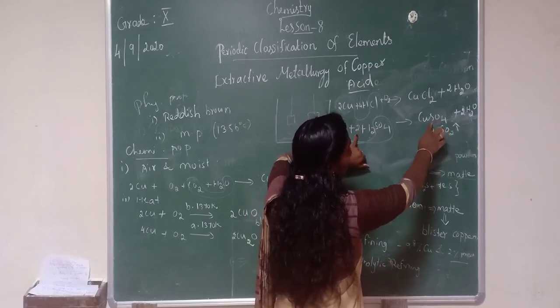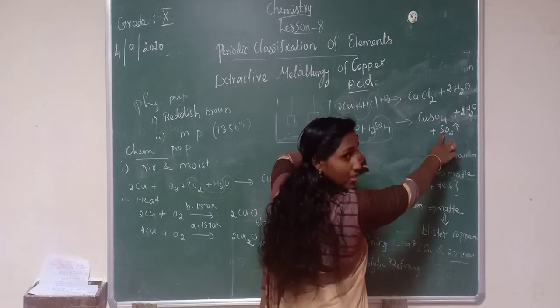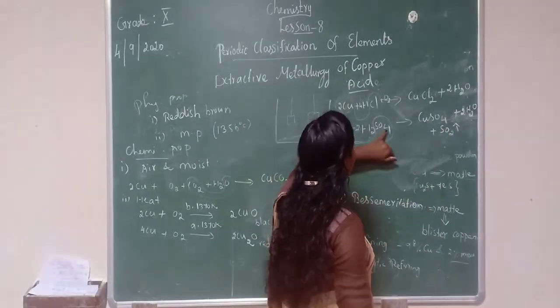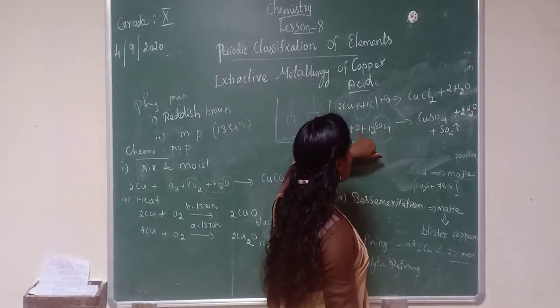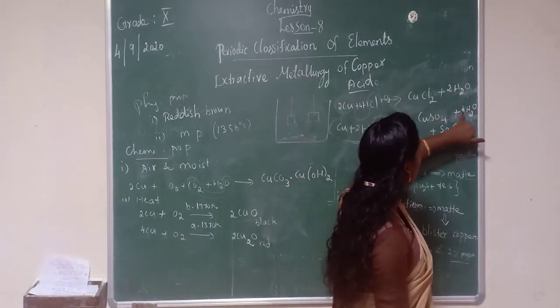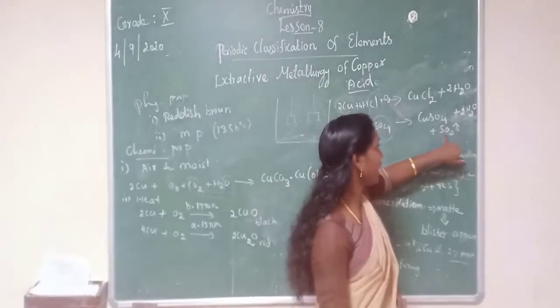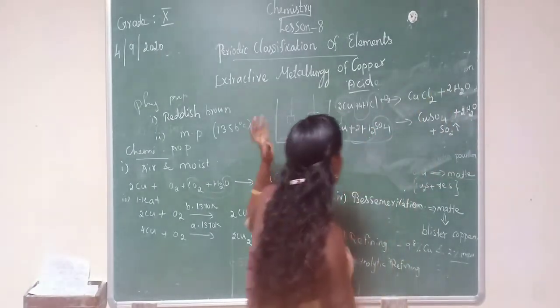Here only 1 sulfur, here 1 sulfur. It was balanced. Then 8 oxygen, 4 twos are 8 oxygen, here 4 plus 2, 6 plus 2, 8. Sulfur dioxide is a gas, can be liberated.